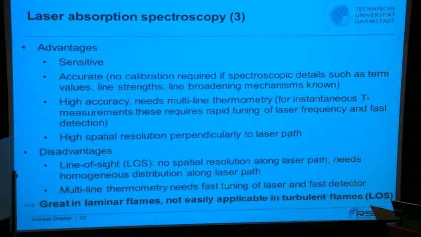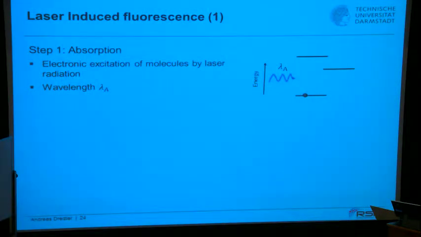So I would say, in summary, it's great in laminar flames, but in turbulent flames, because of this line of sight character, it is not so easily applicable. But if you're after, for example, applications in the atmosphere where it's more or less homogeneous, or in exhaust pipes, then it's okay. Then it's a very good and strong way to do it.